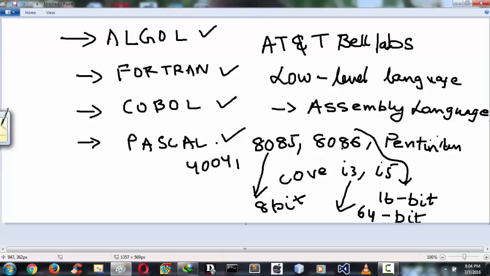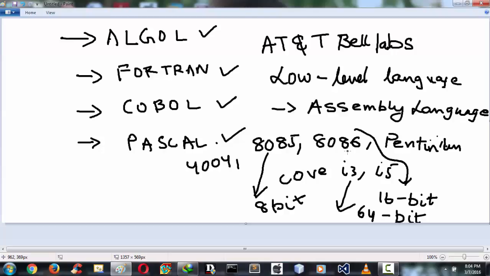Okay, so low level languages, we have assembly level languages, which are highly processor specific, and they don't have any portability. The applications which are developed using the assembly language of 8085 cannot be used in another architecture, let's say 8086.